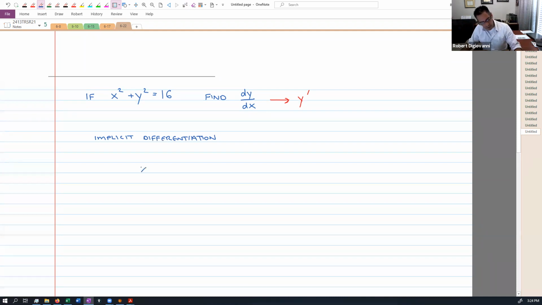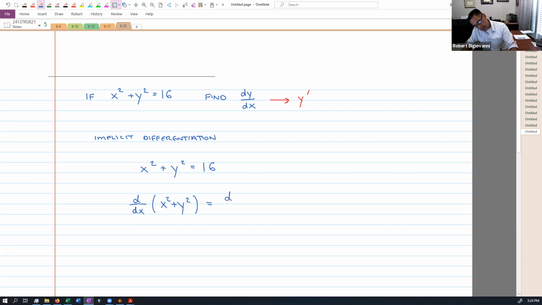You write down the implicit equation. And then you're going to do something to both sides of the equation. You're going to take the derivative on both sides of the equation. So I'm going to take the derivative with respect to x, meaning that I'm going to treat x as the independent variable. I'm going to do that derivative on the left side of the equation.